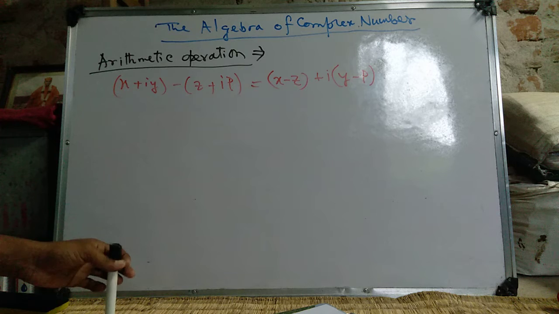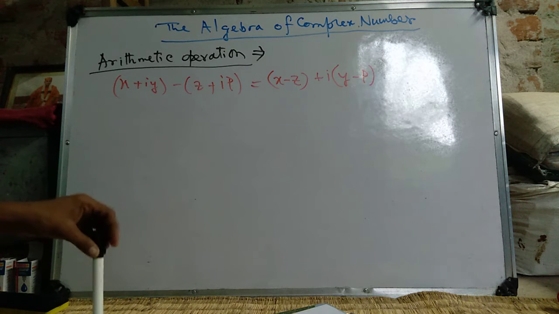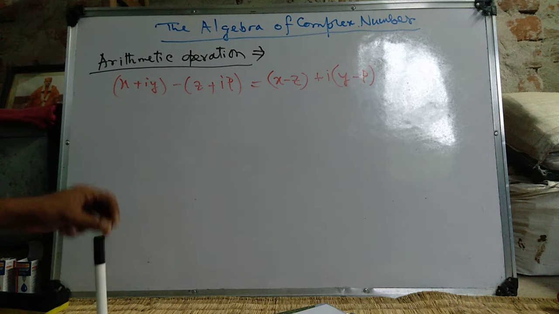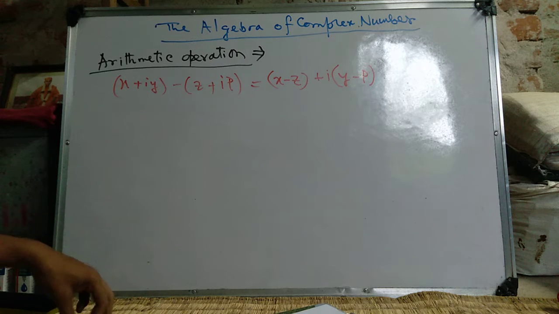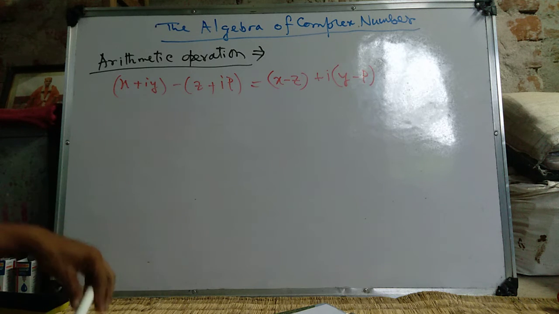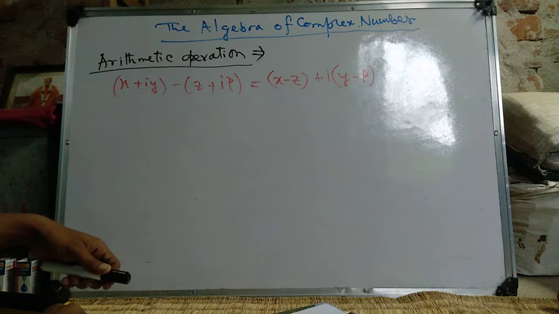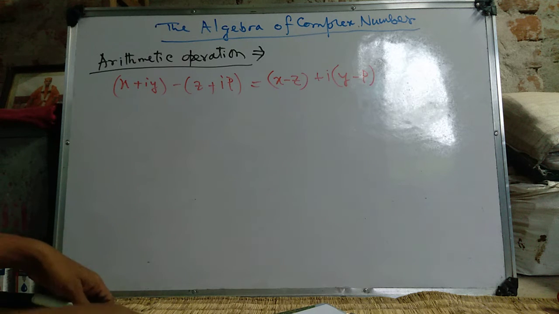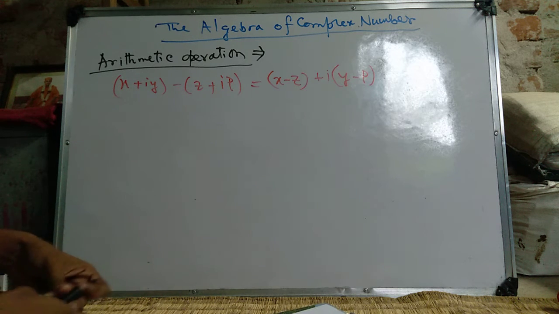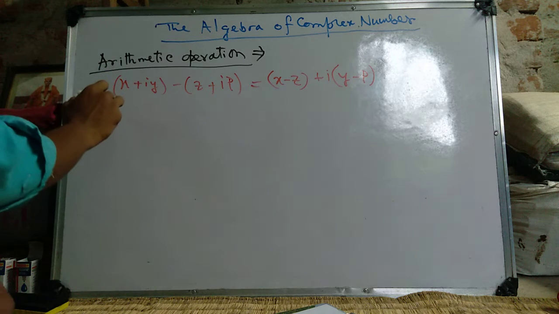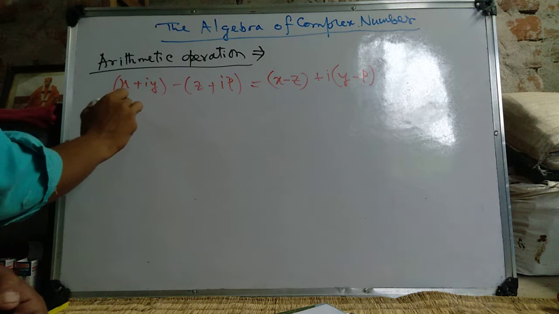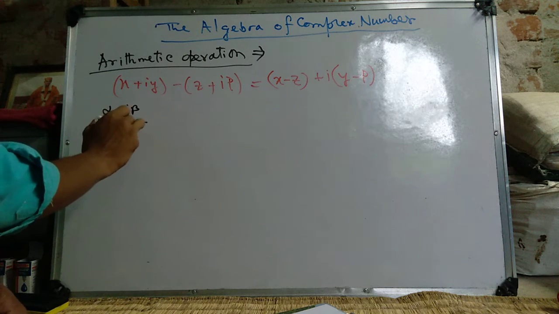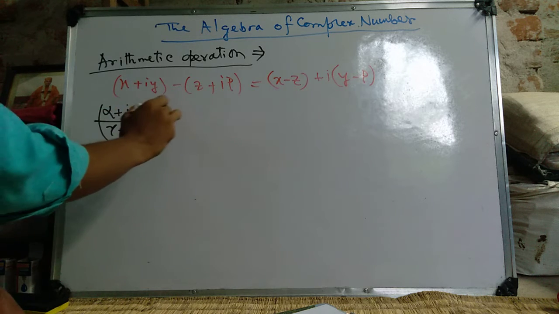Next we're going to discuss the division operator, which is the inverse operator. This one is simple but we have to handle it carefully. Now we write alpha plus i beta divided by gamma plus i delta.